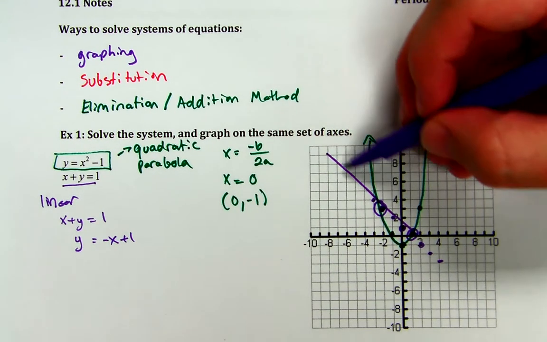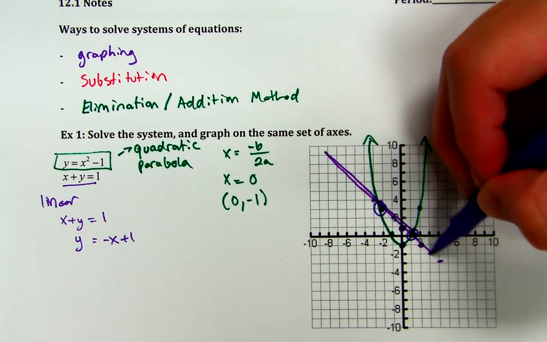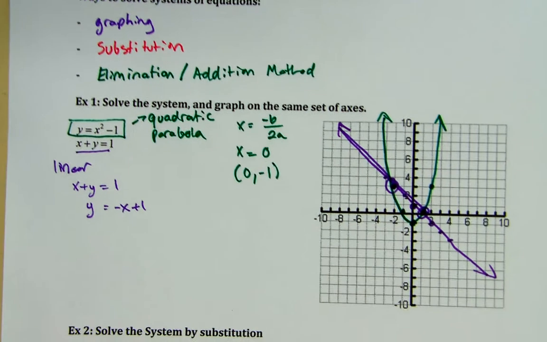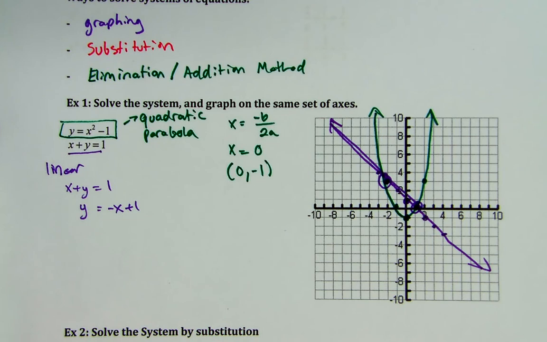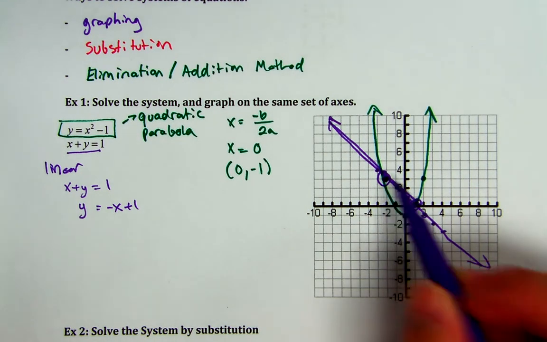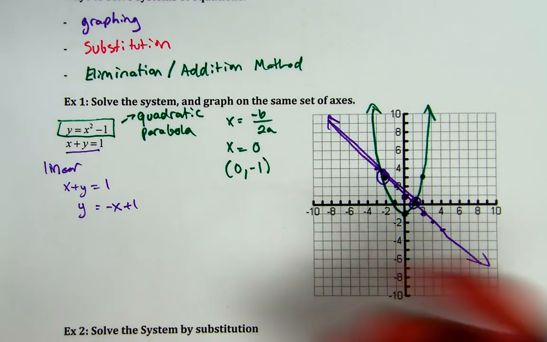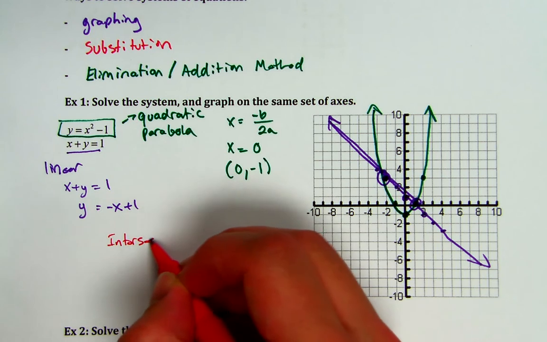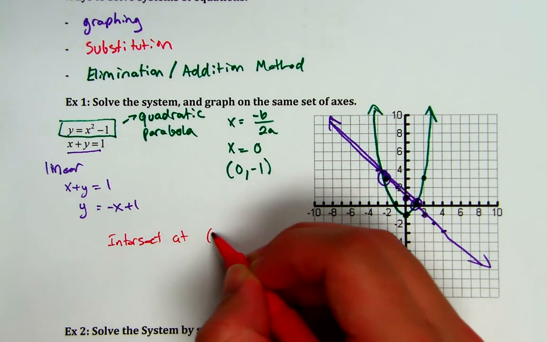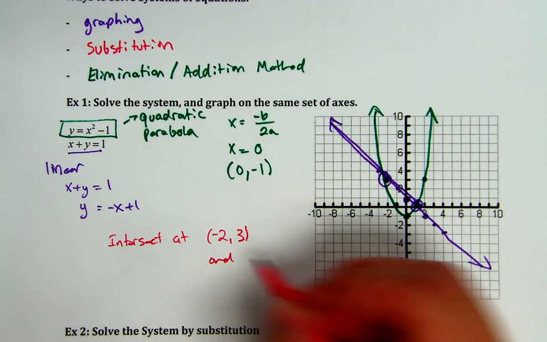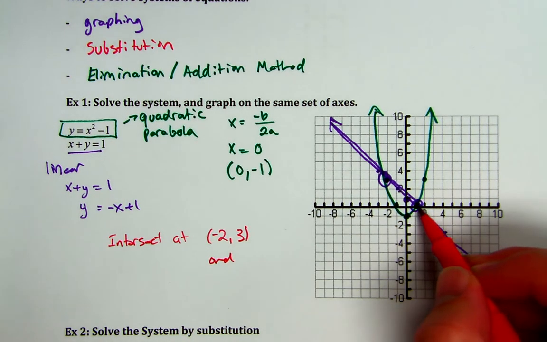You should be using a straight edge, because Mr. Milliken does not. That doesn't mean you shouldn't, because your graph should look a lot nicer than that does. All right, what are those points? We intersect at (-2, 3) and at (1, 0).